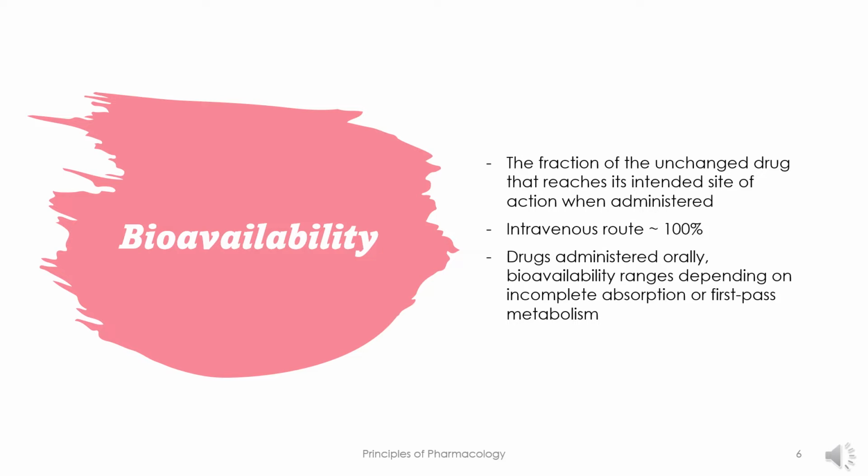In first-pass metabolism, the drug undergoes extensive biotransformation before reaching the circulatory system, thereby decreasing the bioavailability of the drug. For example, through oral administration, the drug must go through the GI tract, the portal vein, the liver, before passing into general circulation. Examples of drugs that go through this are propranolol, lidocaine, and estrogen.